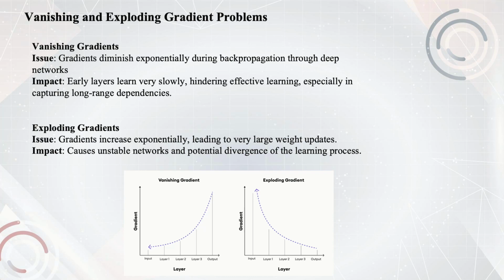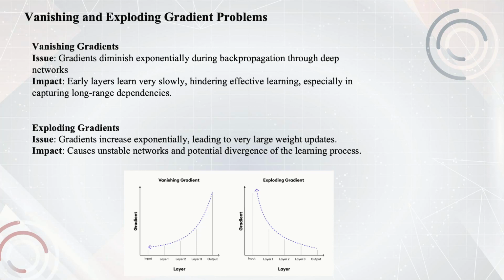So now let's talk about the exploding gradient problem. On the other hand, during backpropagation, there can be an exponential increase in gradients across different levels of a network, known as the exploding gradient problem.